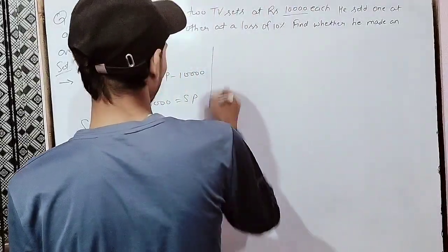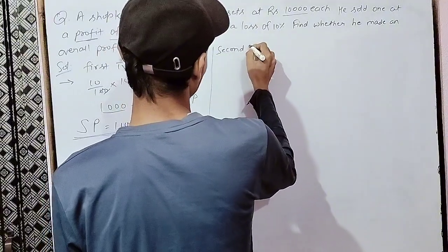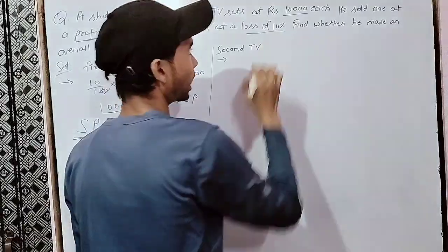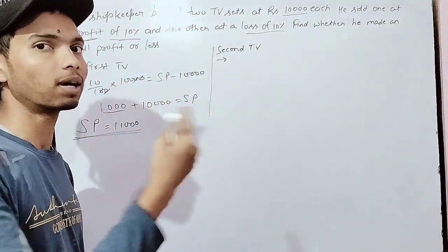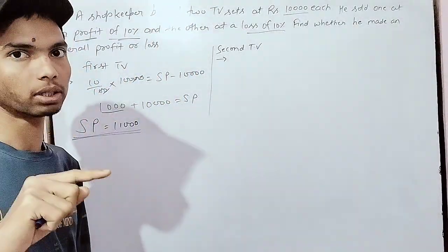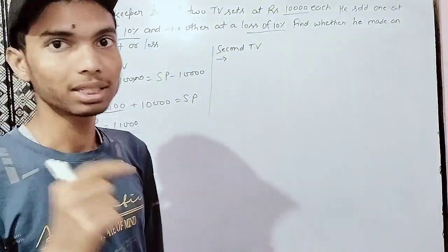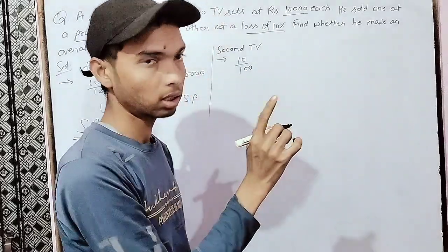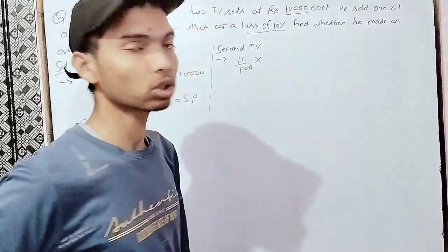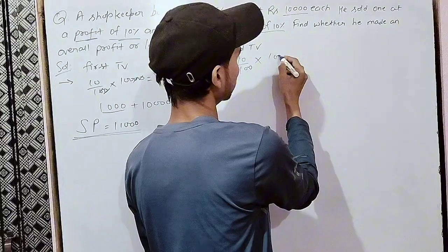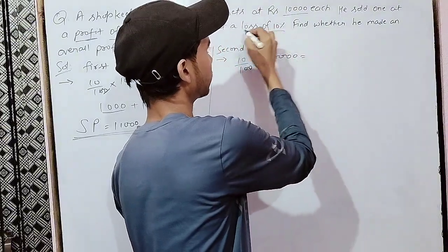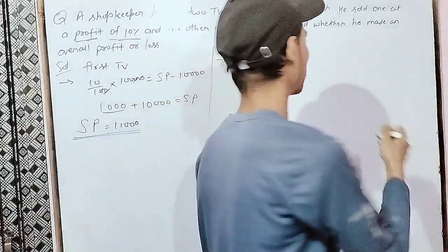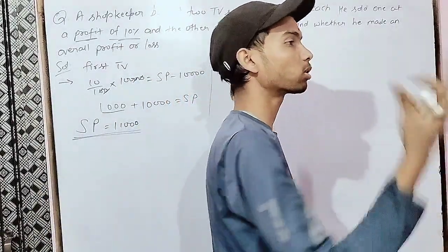Second, again on the second TV there was a loss of 10%. So here this is 10%. What is given? Cost price. So here we are looking at loss. For loss, the cost price is high, but the selling price is low.